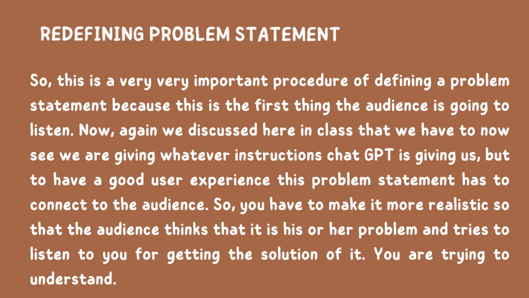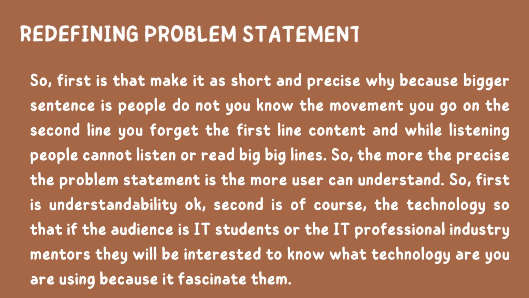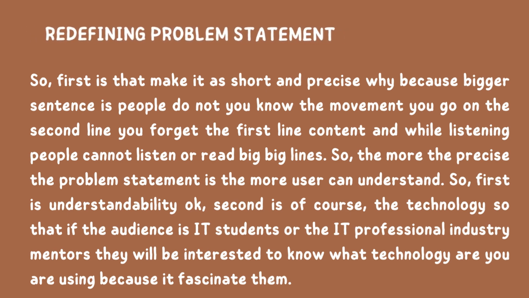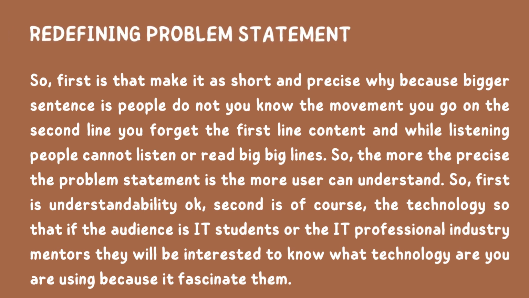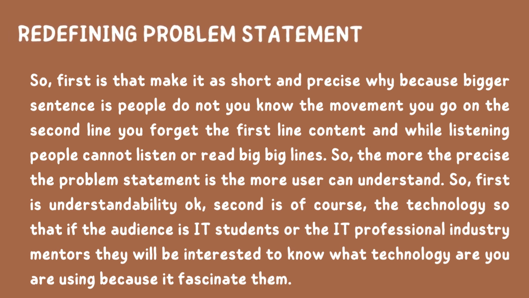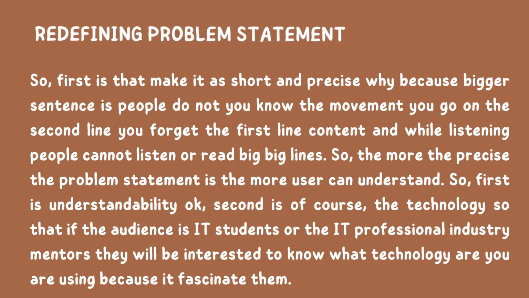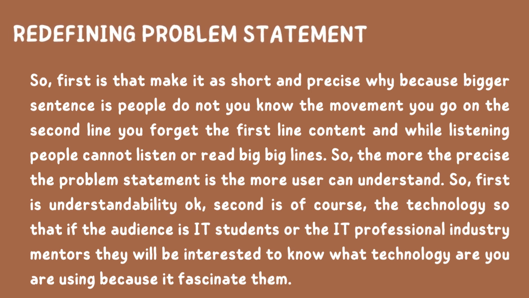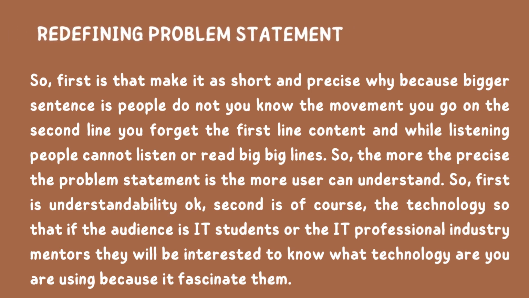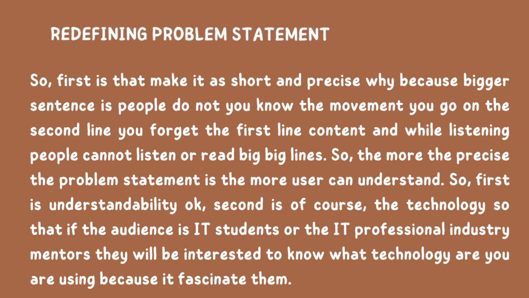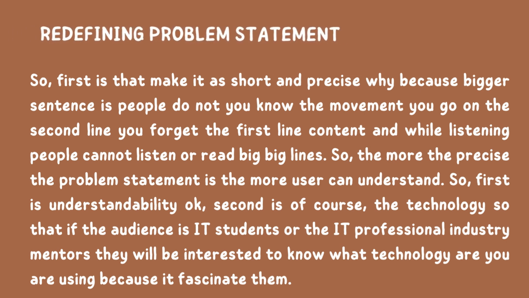So first, make it short and precise. Why? Because with bigger sentences, the moment you go on to the second line, you forget the first line's content. While listening, people can't listen to or read big lines. The more precise the problem statement is, the more the user can understand. So first is understandability.